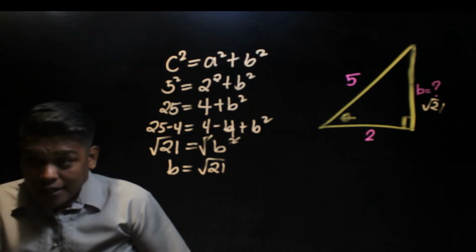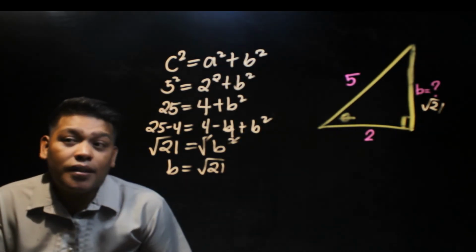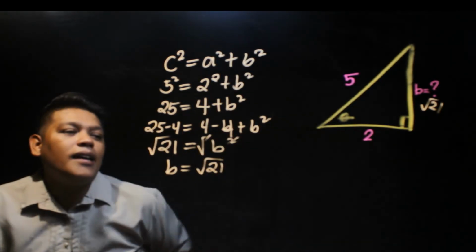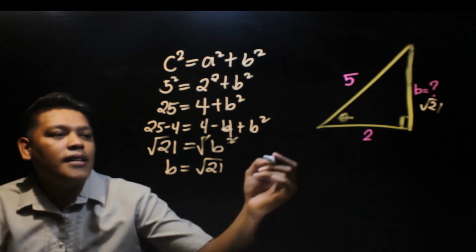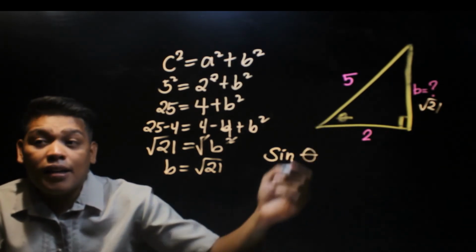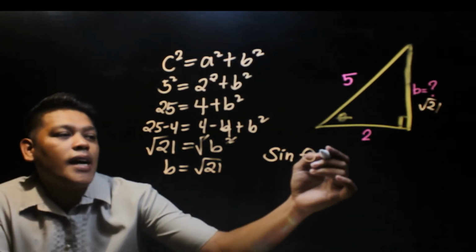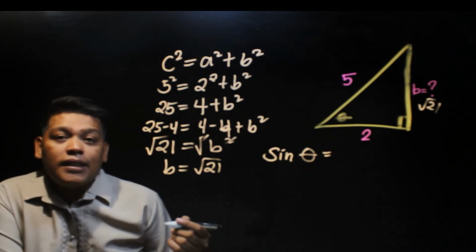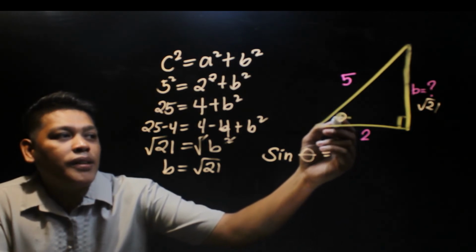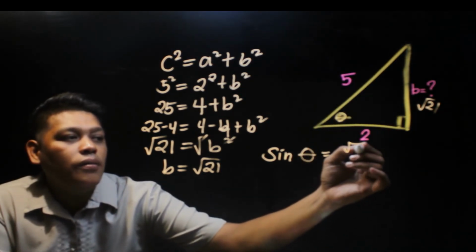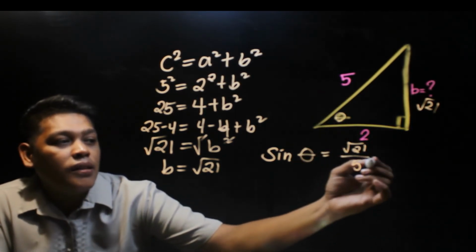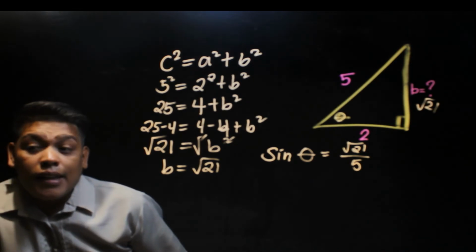So we will find the 6 trigonometric ratios from this triangle. What is the sine theta? Theta is the reference angle. We know that the sine is the opposite over the hypotenuse. The opposite side of theta is square root of 21 over the hypotenuse, which is 5. That is the sine theta.